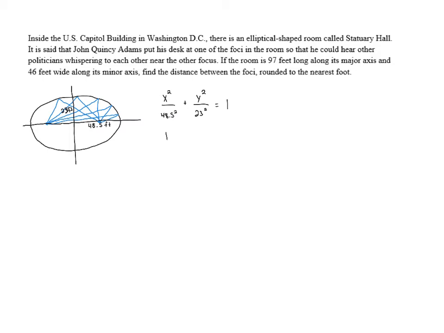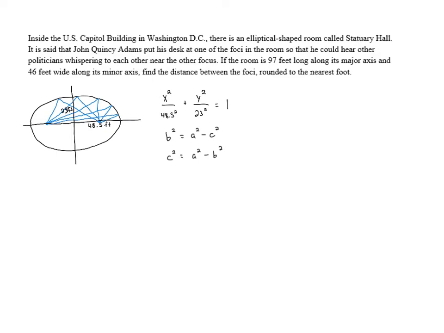So first we need to figure out the value of c, and then we need to double it. So we know the relationship between these quantities is b squared equals a squared minus c squared. And in this case, we're actually looking to get c alone. So we could get c squared on its own by adding c squared to both sides, which puts a positive c squared on the left, and then subtracting b squared from both sides, which gives us a negative b squared on the right.